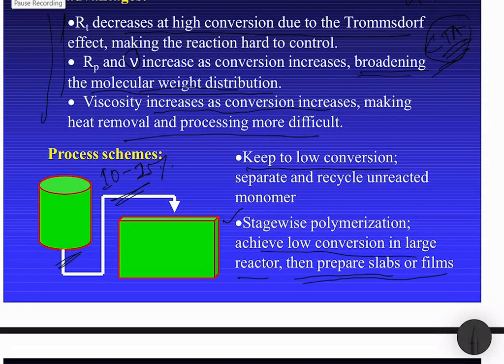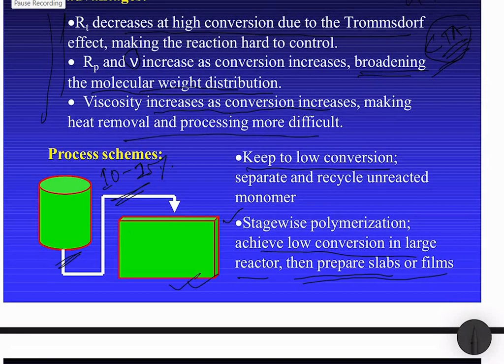So the rest of the polymerizations can be done in the mold kind of stuff, in the form of slabs or films, because that 25% converted monomer and 75% unconverted monomer mixture is now poured into a mold kind of stuff, whereby the further polymerizations can be carried out.